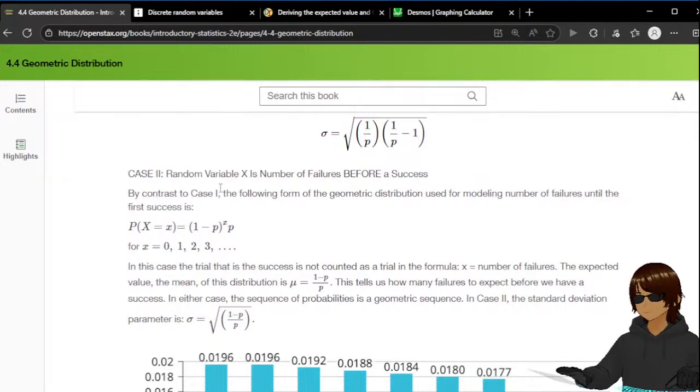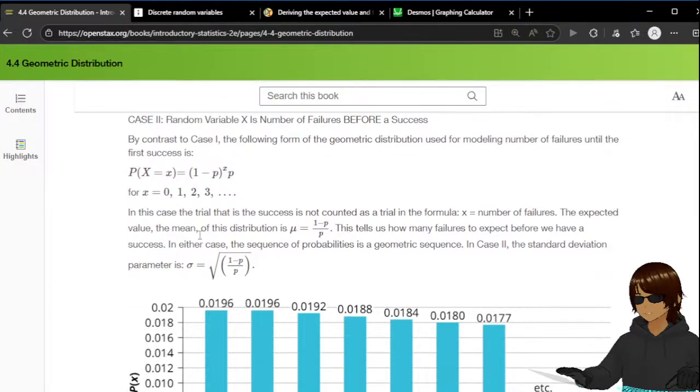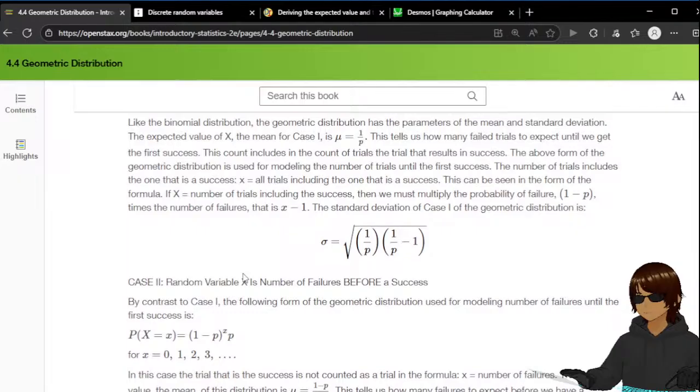Case 2, random variable x is the number of failures before a success. In this case, the mean is 1 over p. The variance is, wait, the variance is also 1 over p.